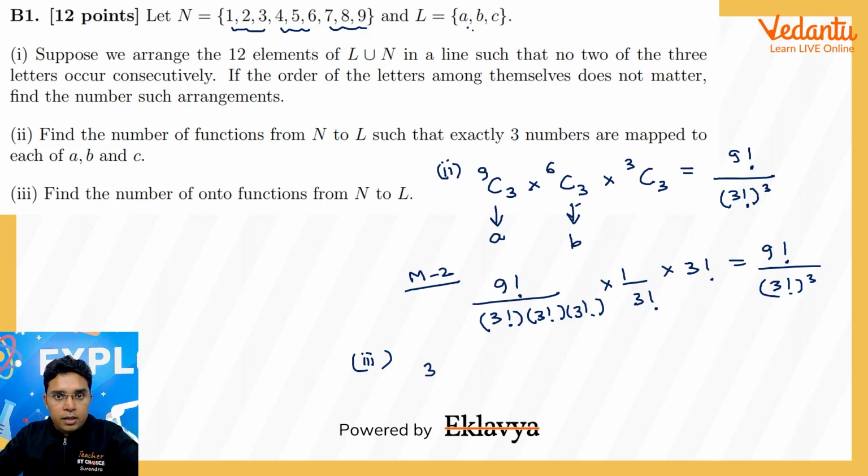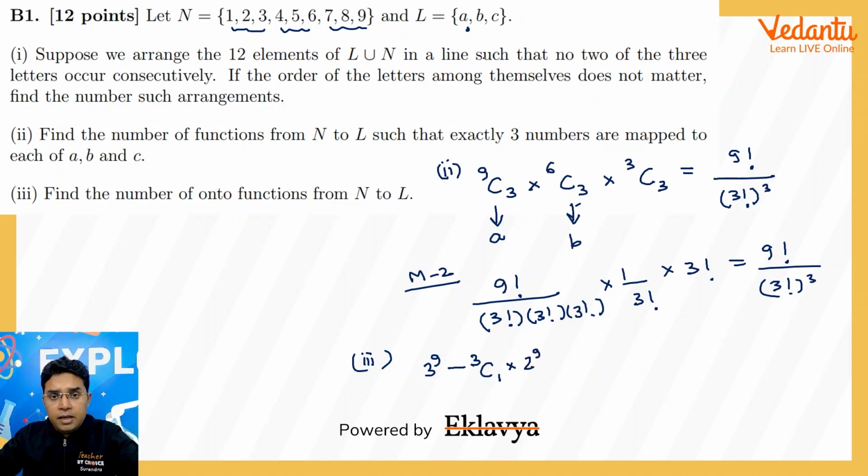So that will be 3 power 9. But in this case we have to subtract those cases in which, let us say, A is not connected, or B is not connected, or C is not connected. So who is not connected, that we will select in 3C1 ways, and then these 1 to 9 elements will be connected to the remaining elements in 2 power 9 ways.